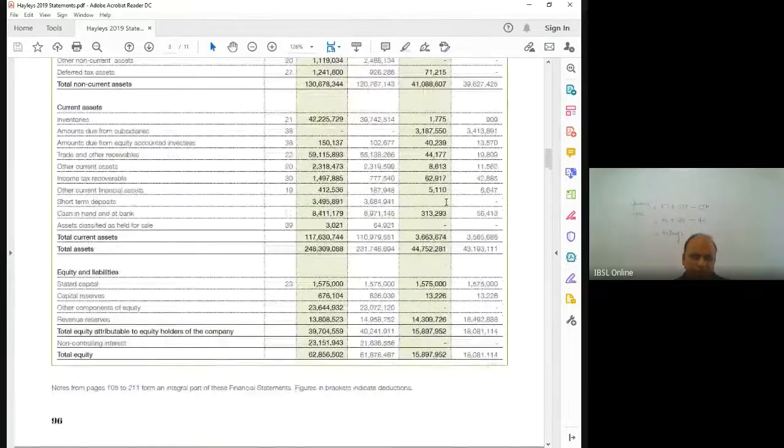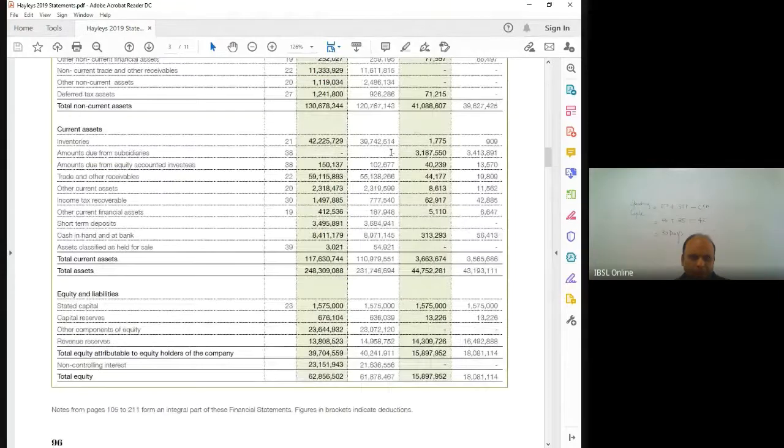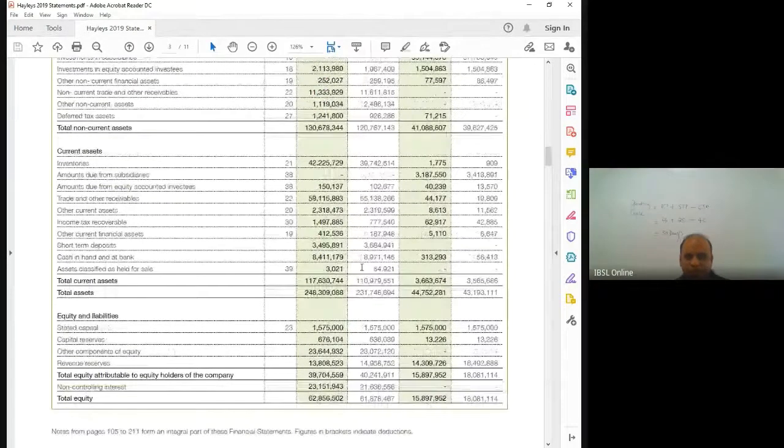Further, look at here. When you look at the current assets, how do you calculate the quick asset ratio? You take the current assets and you have to deduct the stocks. Now, what is the amount of stocks? You see, inventories. That is the amount of stocks.